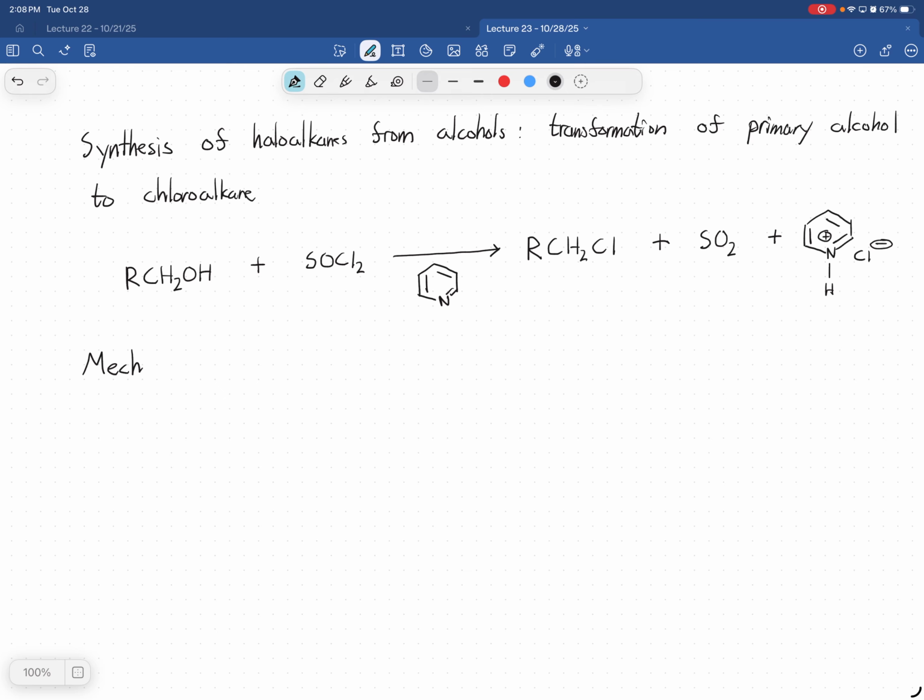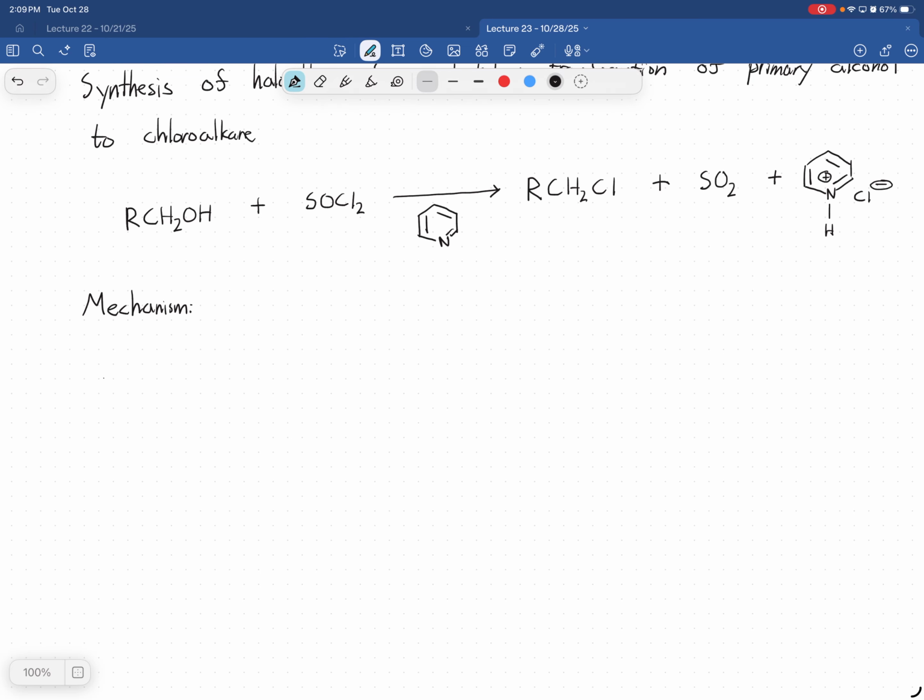So here's the mechanism. So thionyl chloride looks like this. So this sulfur may look trigonal planar, but it's not. The sulfur has a lone pair right here.